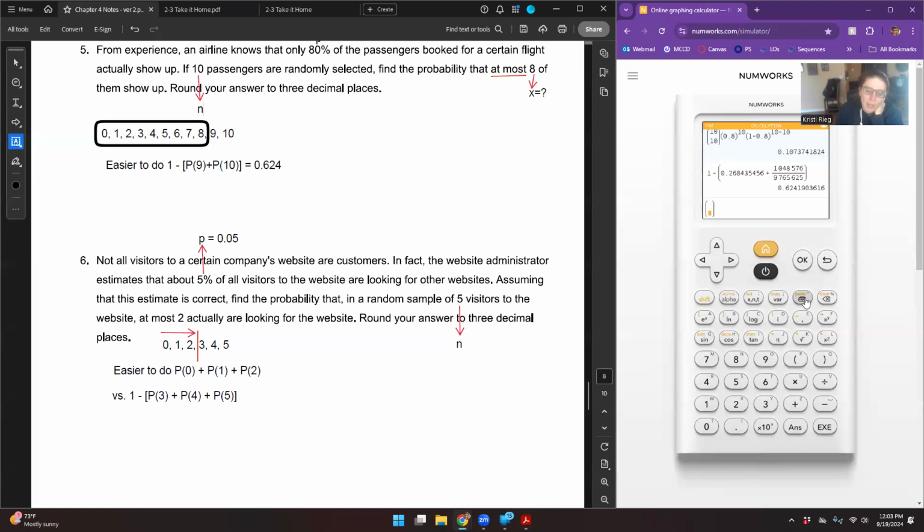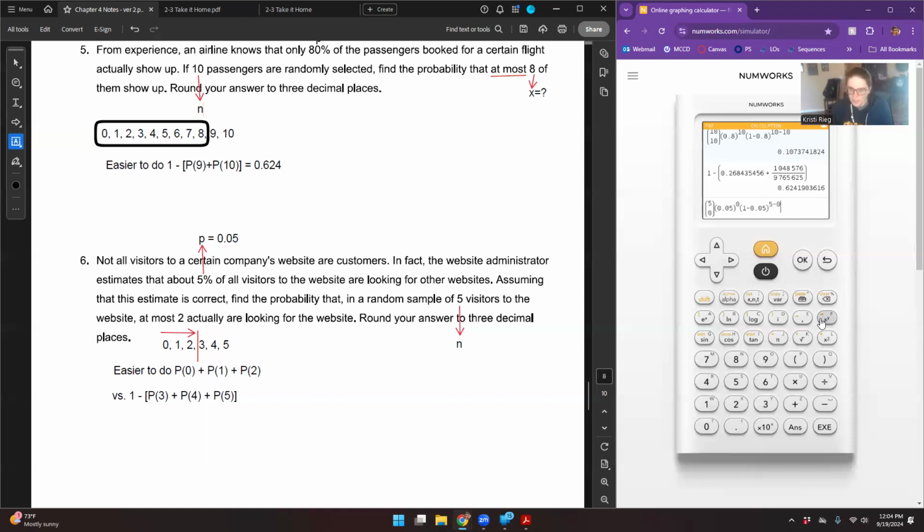So the probability of 0 is going to be n choose 0, 5 choose 0, times 0.05 raised to the x power, so to the 0 power, times 1 minus 0.05 raised to the, what is it, 5 minus 0 power.